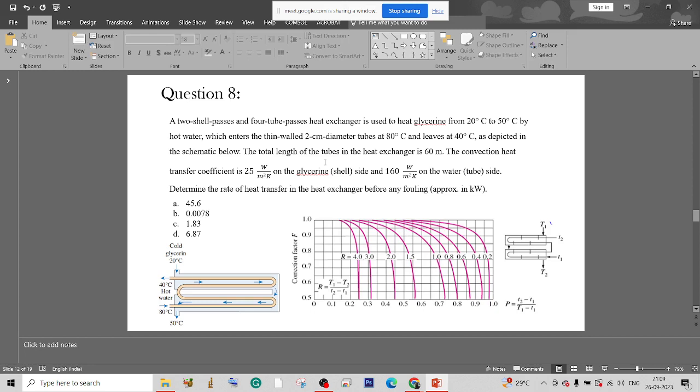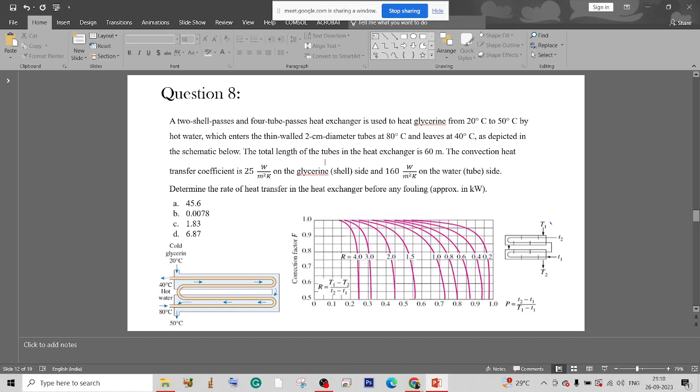Okay, so a two shell pass and four tube pass heat exchanger is used to heat glycerin from 20 to 50 degrees Celsius. The cold fluid is glycerin, the inlet temperature is 20 and the exit temperature is 50, heated by hot water, so the water will enter at 80 and will leave at 40. There is a 2 centimeter diameter tube as depicted in the schematic diagram below.